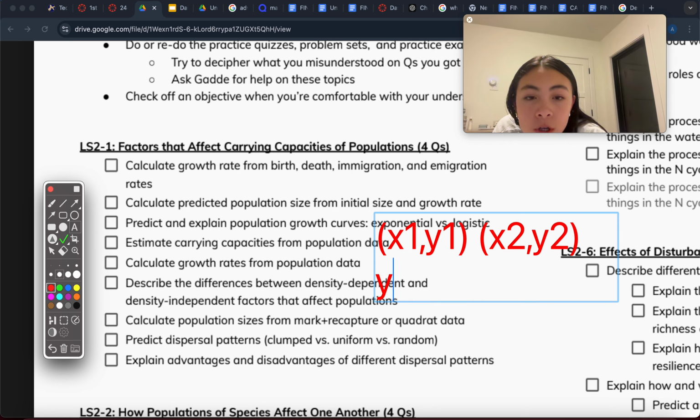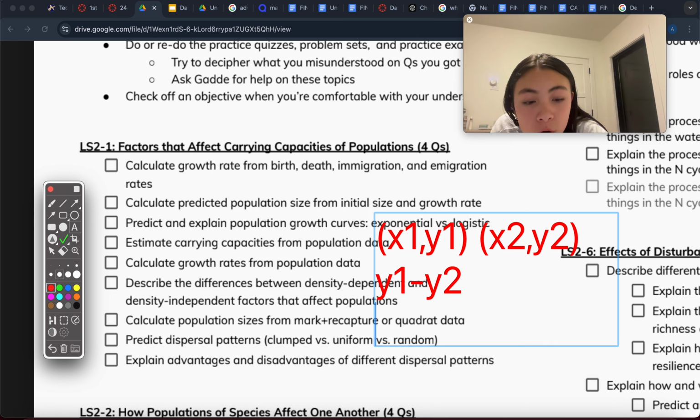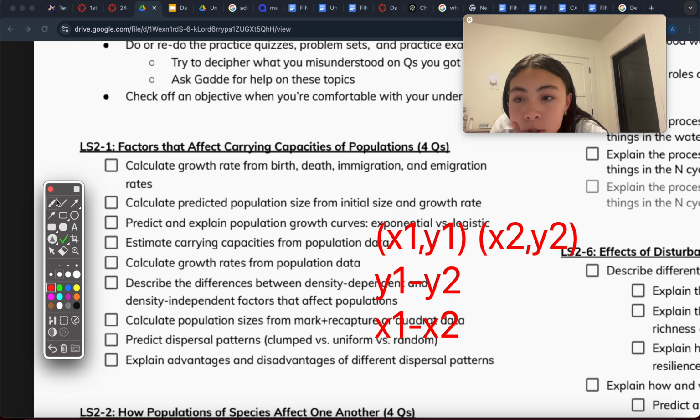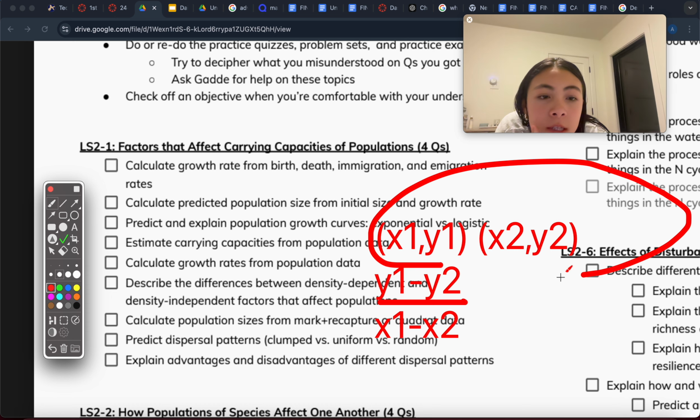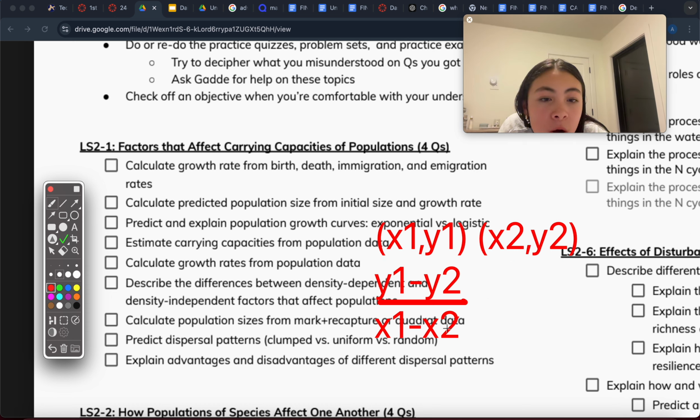And then what you're going to want to do is y1 minus y2 over x1 minus x2. It'll give you 2 points, and then you're just going to do change in y over change in x.